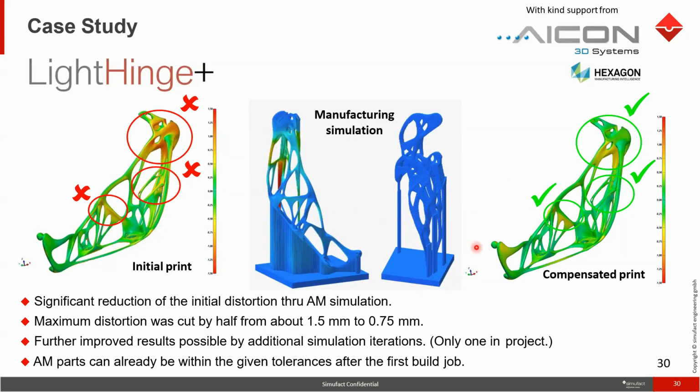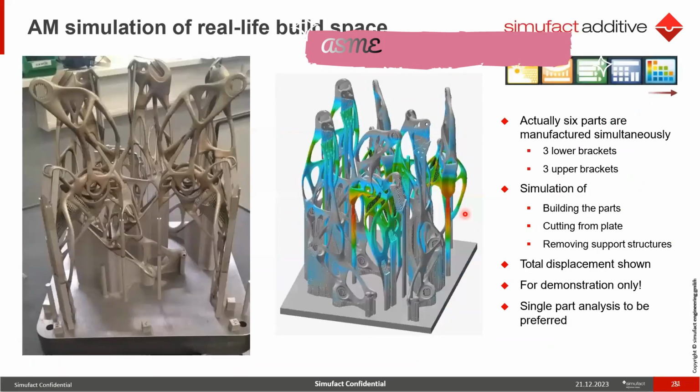Simulation will help us reduce these efforts, so that we use pre-compensation techniques to build the part within the tolerance in the first build. And this shows some assembly real-life build.